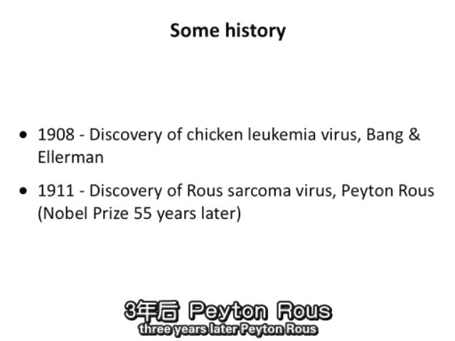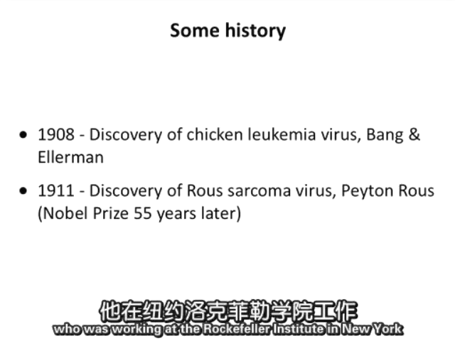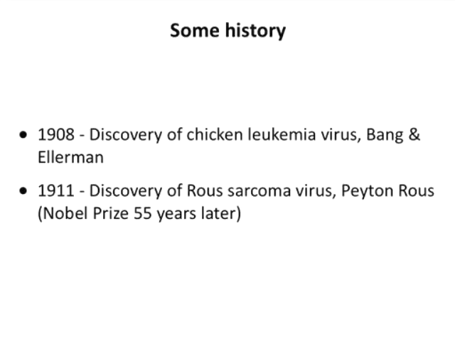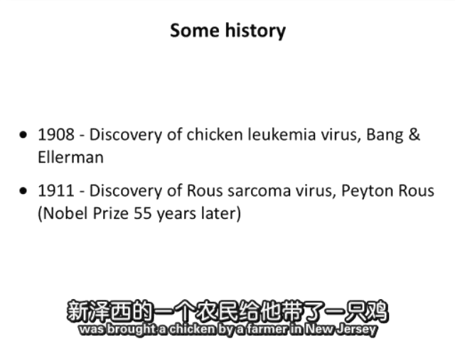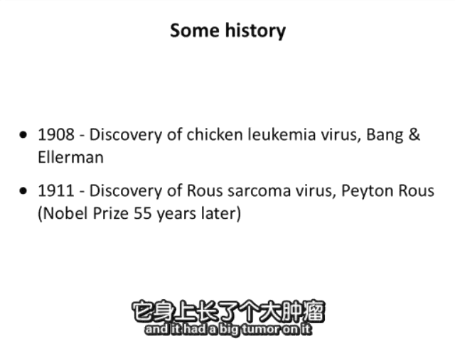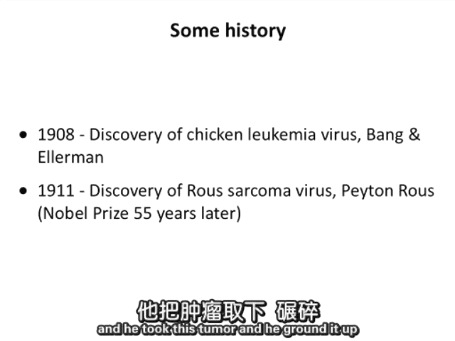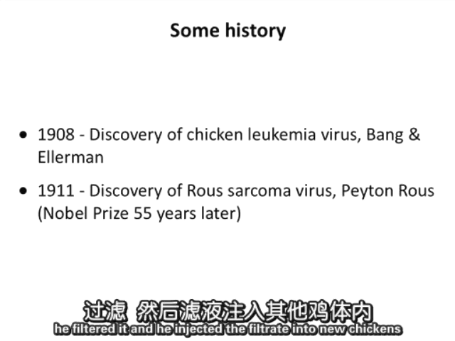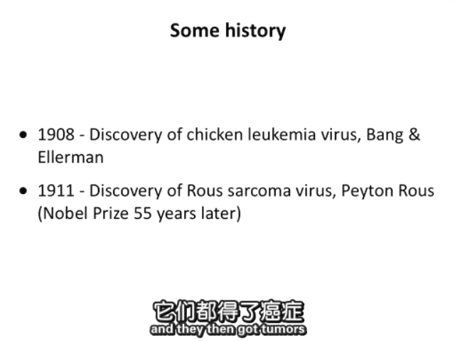Three years later, Peyton Rous, who was working at the Rockefeller Institute in New York, was brought a chicken by a farmer from New Jersey, and it had a big tumor on it. And he took this tumor and he ground it up, he filtered it, and he injected the filtrate into new chickens, and they got tumors.